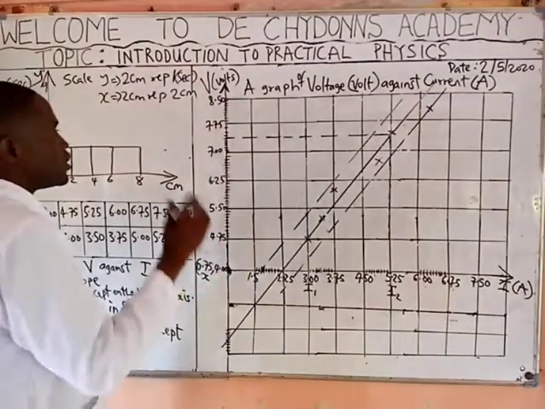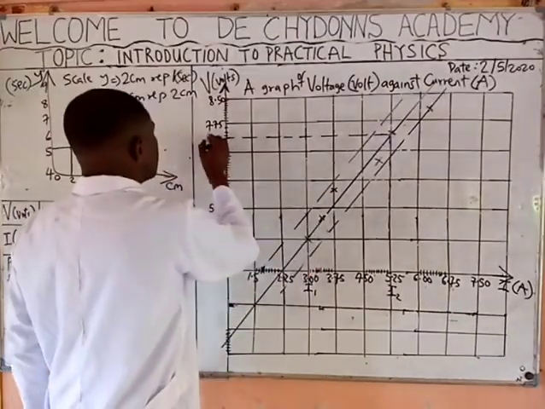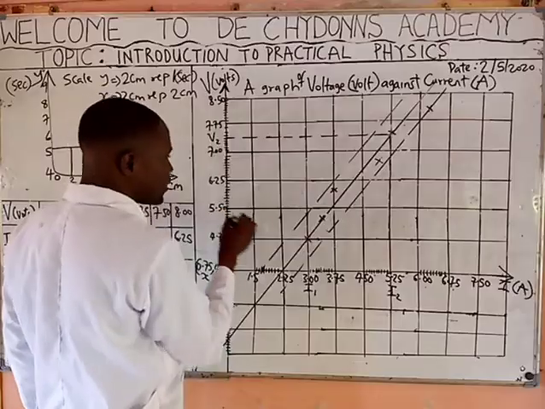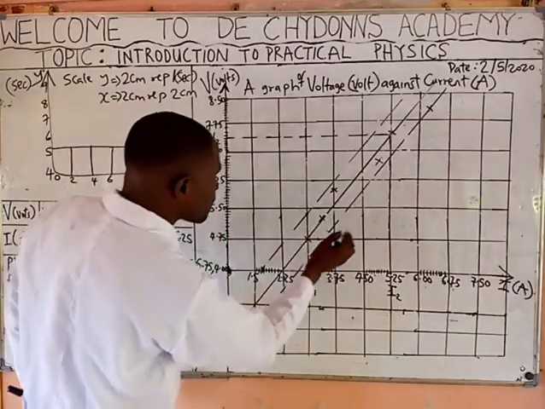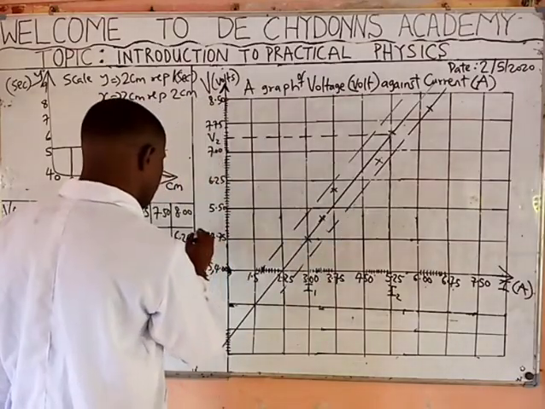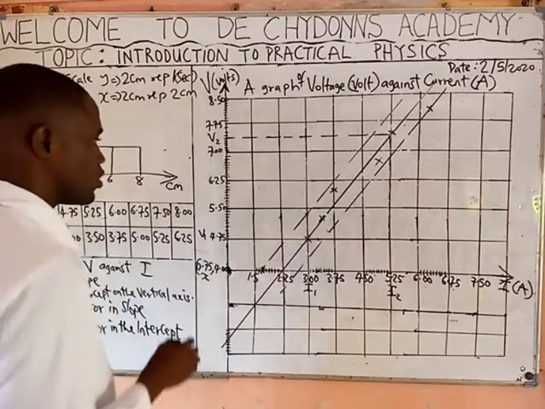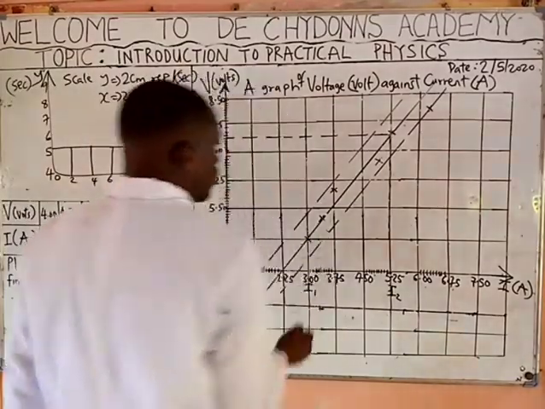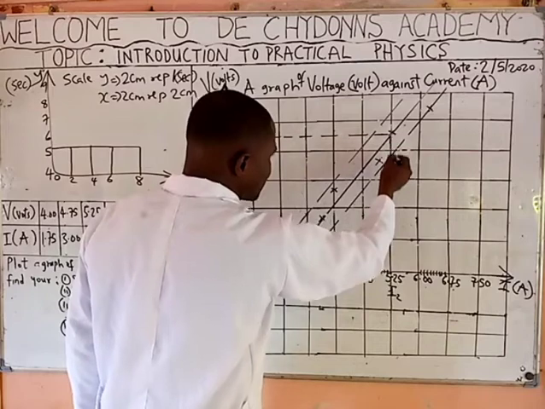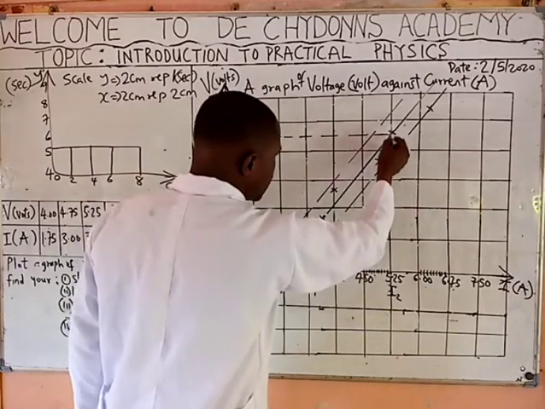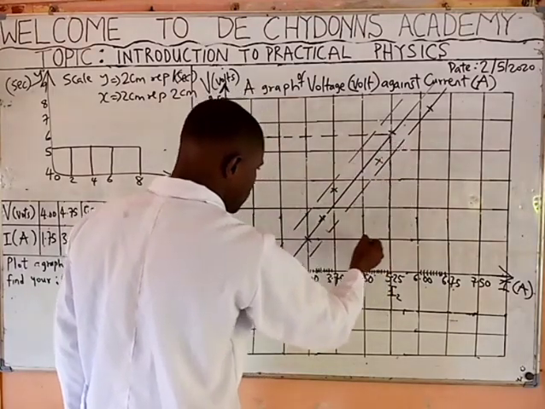Okay, this is my V2 and this is my V1. Okay, so once you put your triangle, just put your triangle.